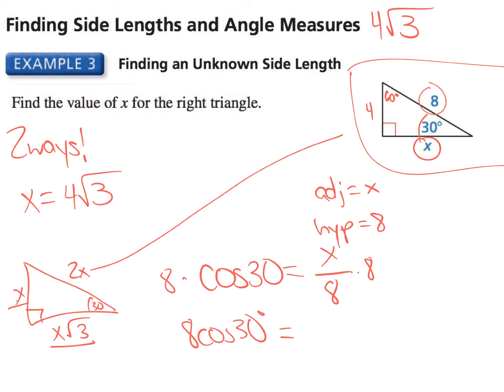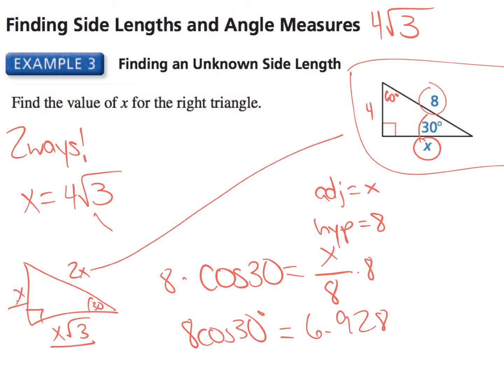Now, if you look at that and you're like, that's gross, it is. The reason why it's gross is because it's trying to round off that value of what cosine 30 is. So 6.928, and that's rounded.